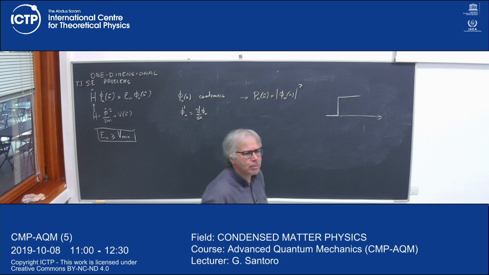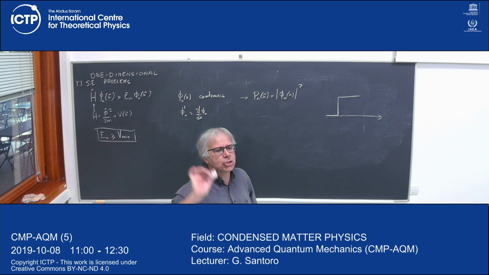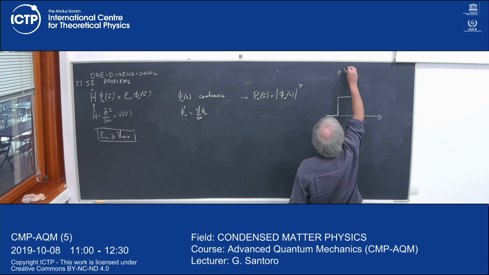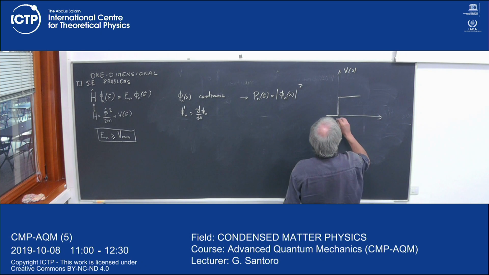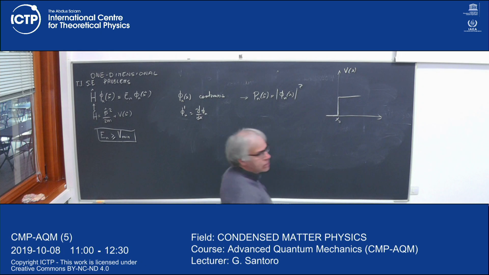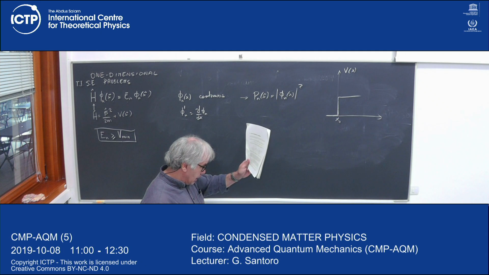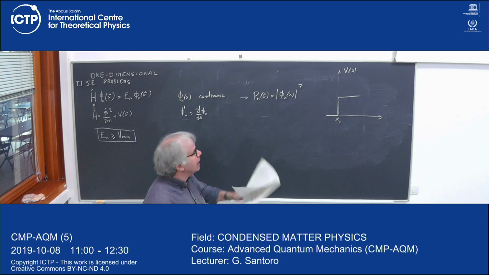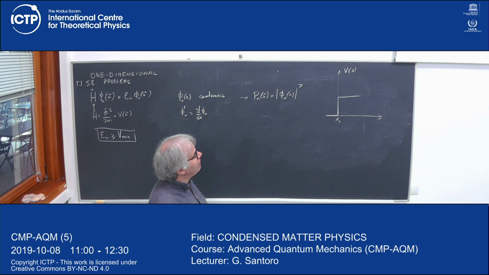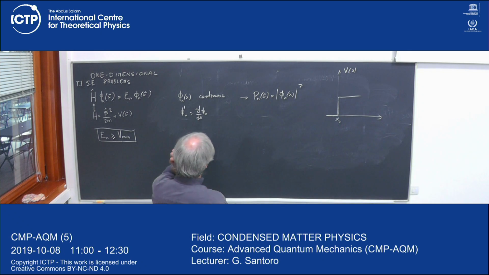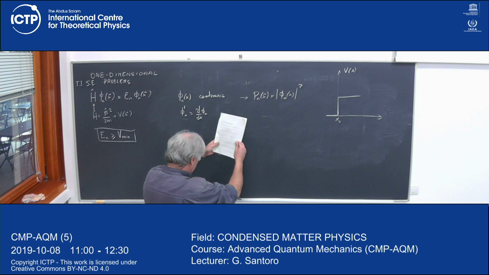But let's assume that you have a really discontinuous potential, so the potential V of x has some discontinuity around some position x0. Now, I want to argue with you that nevertheless, not only the wave function, but even its derivative is continuous there. Let's see why. The argument is not difficult.